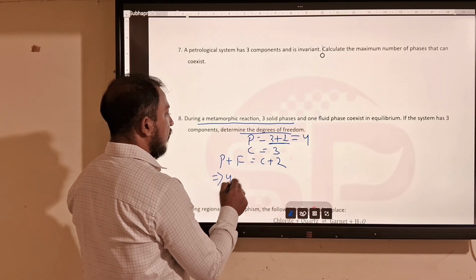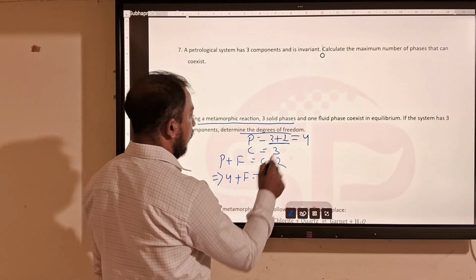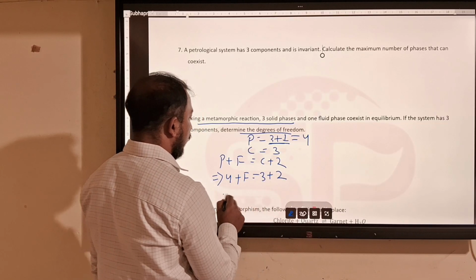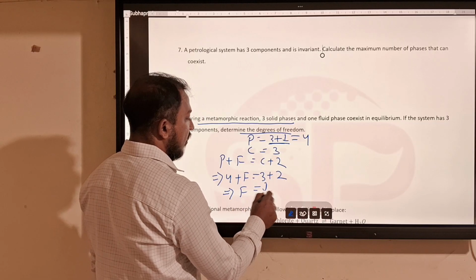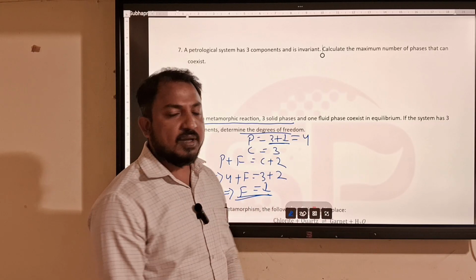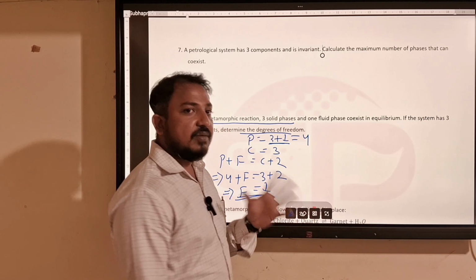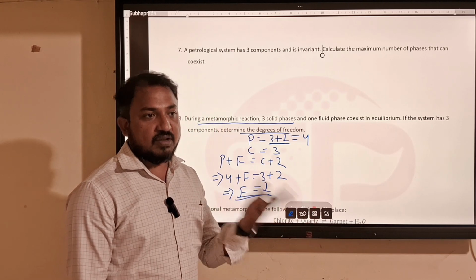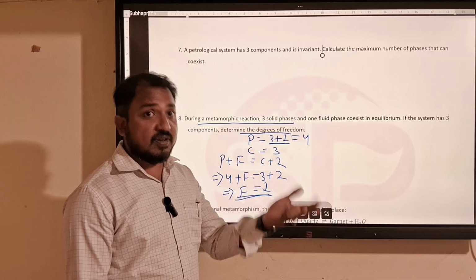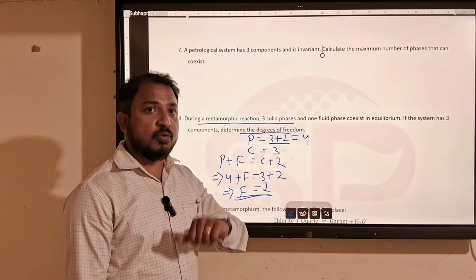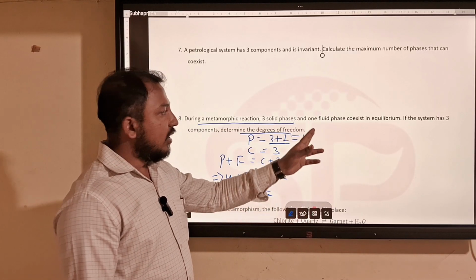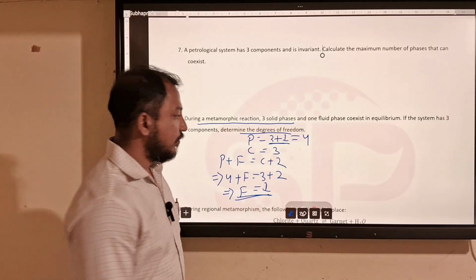Phase is given 4, so 4 plus F equals 3 plus 2, and the degree of freedom will be 1. If it is not given whether it is a mobile or open system behavior or closed system behavior, we'll take the fluid as a phase.